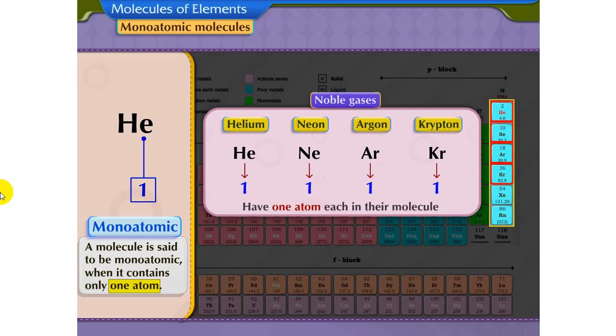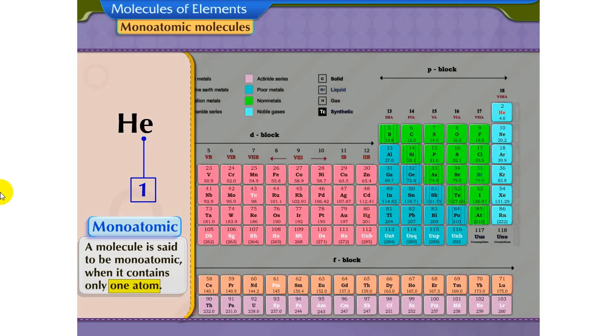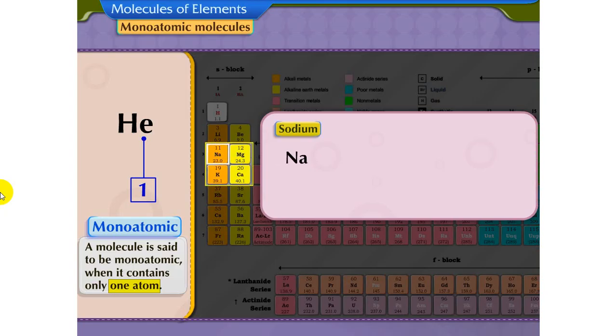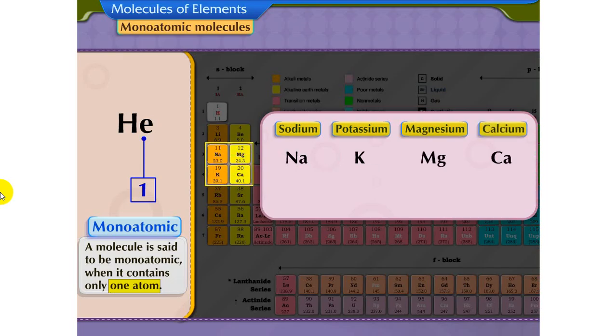So, the atomicity of noble gases is 1, and hence they are monoatomic. Some metallic elements like sodium, Na, potassium, K, magnesium, Mg, calcium, Ca are also considered to be monoatomic.